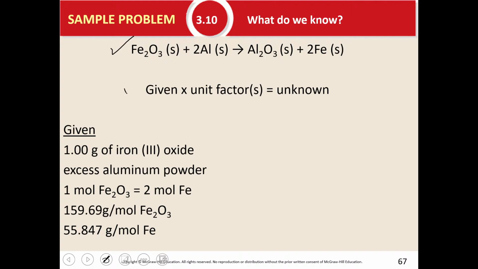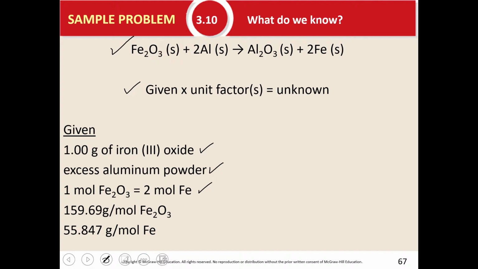We know we should always follow the given times the unit factor or factors, and that will equal our unknown. And our given is our starting amount. We have excess aluminum. We know this mole to mole ratio. We know that directly from the coefficients of the balanced chemical equation.